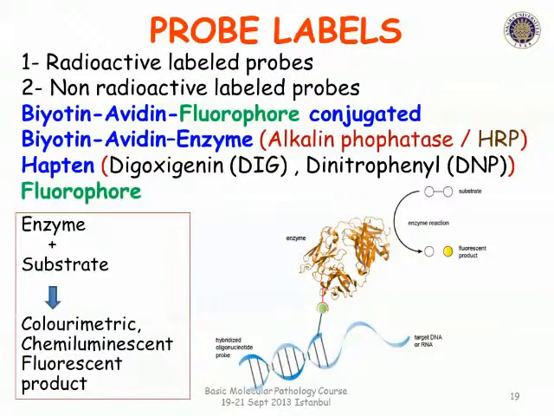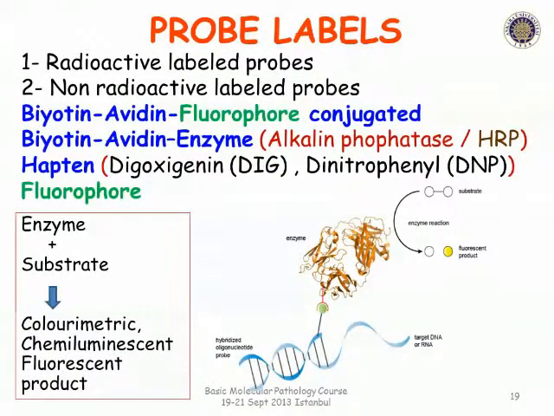The importance of the probes which are fluorophore, I will explain later, and the chromogenic probes are important because the signal that you have by in situ hybridization is usually a low signal, so you have to extend the signal.